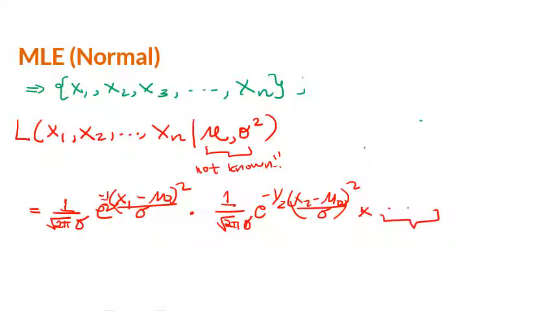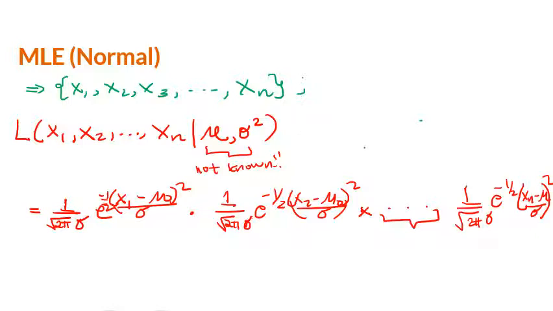We do this n times until xn: 1 over square root of 2 pi sigma, e to the minus 1/2 of xn minus mu over sigma squared. So this is our likelihood function of x1, x2, and so on, xn given our unknown parameters mu and sigma squared, assuming we have a normal distribution.